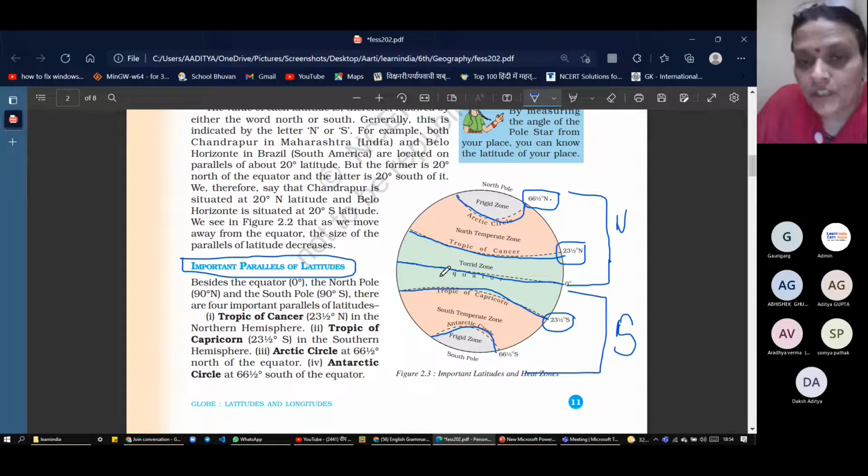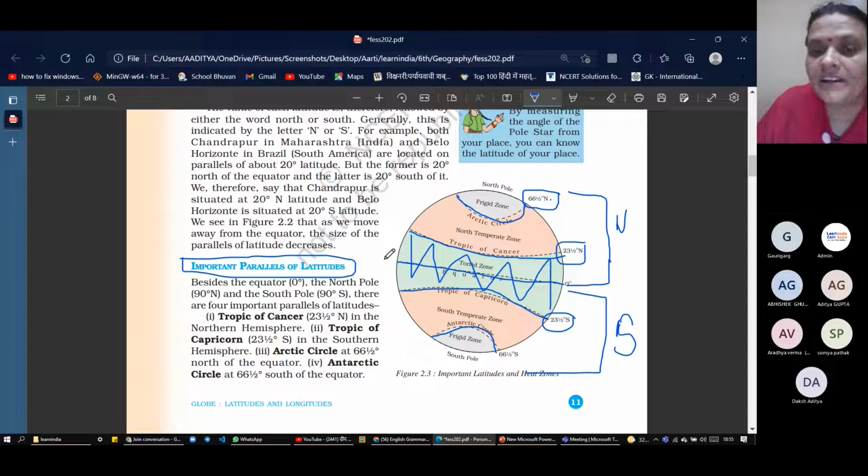Now, zones. If we talk about zones, the zone between the Tropic of Cancer and Tropic of Capricorn is the Torrid Zone. Here you will find it's a hot region.